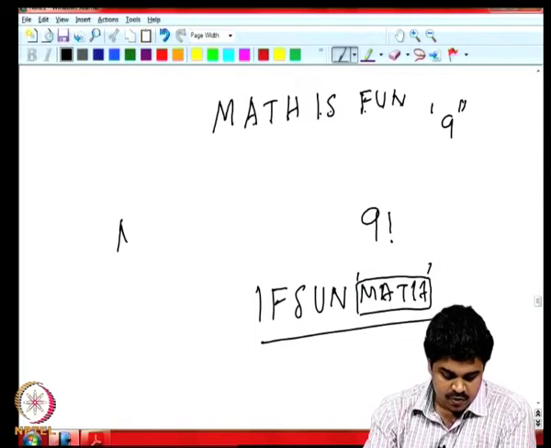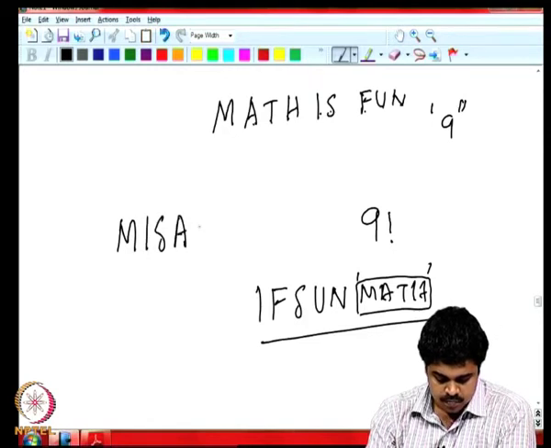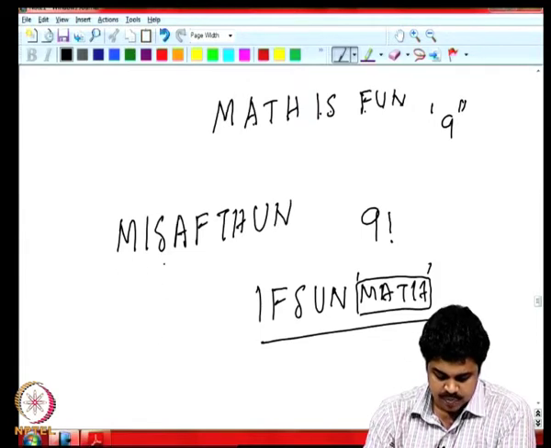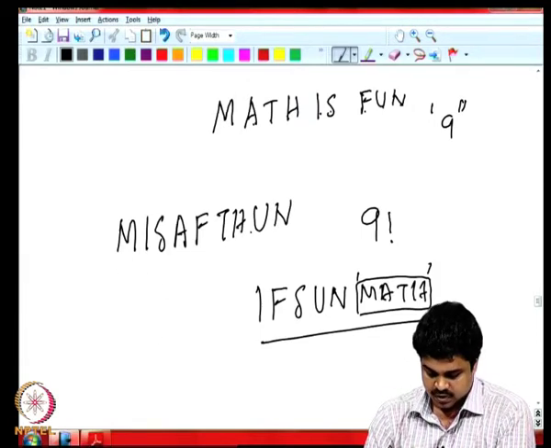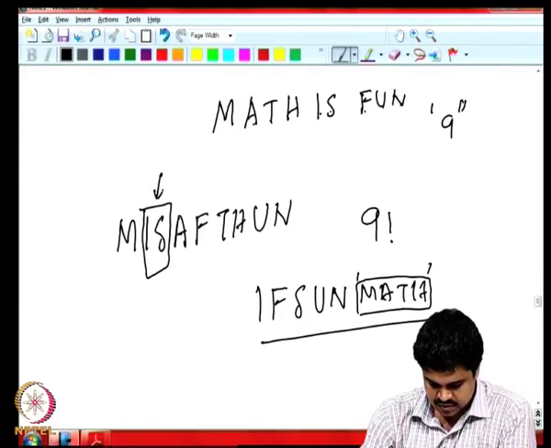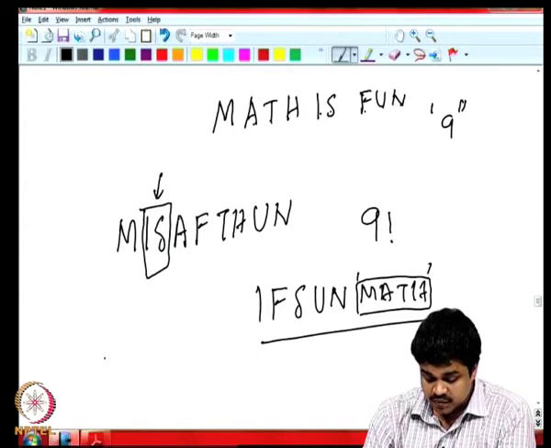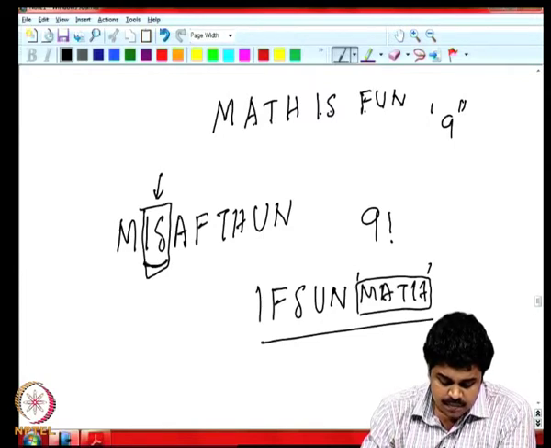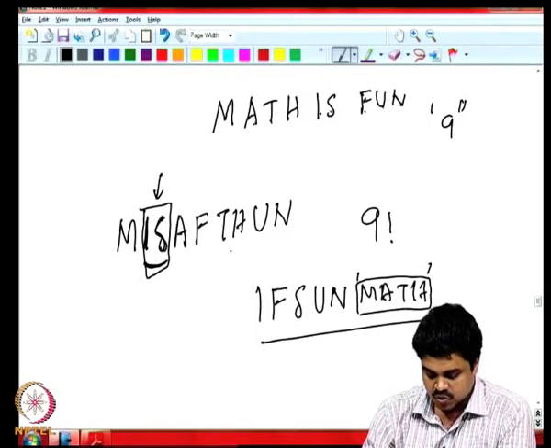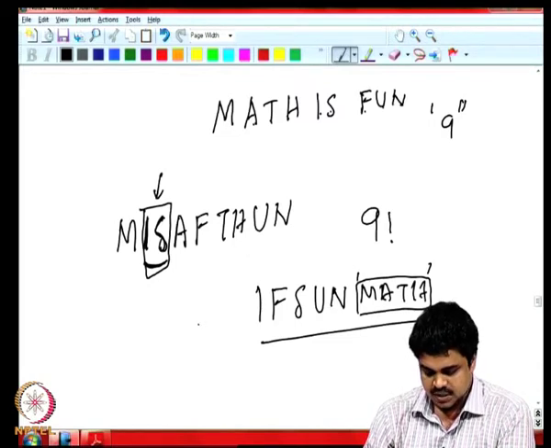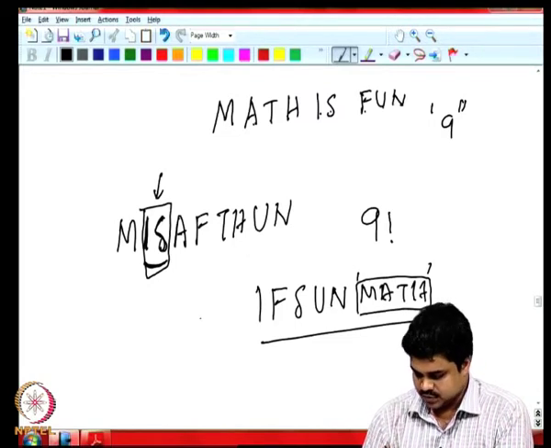Nor can I form another permutation, this is also a permutation of math is fun, but this is not allowed because is is coming as a word here. I am only interested in those permutations where these will not come together. I mean, you cannot read is or math or fun in consecutive positions, right. How many ways you can do this is what you are asking.